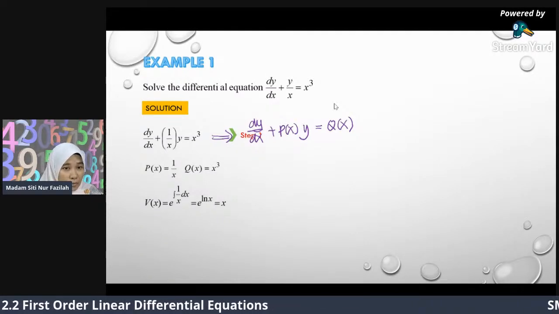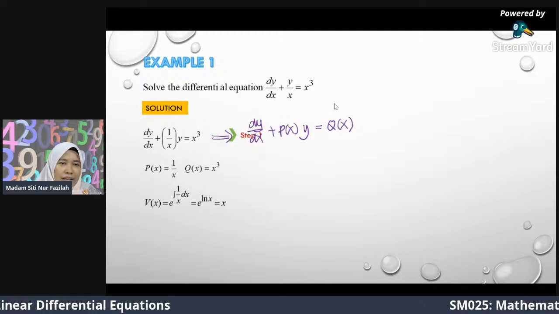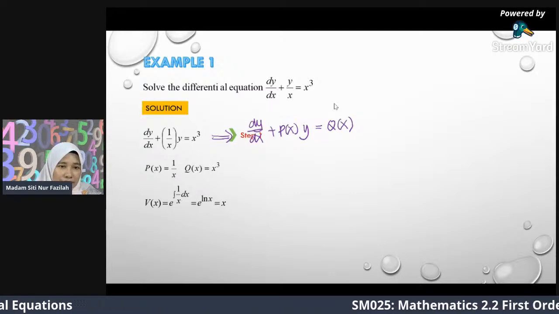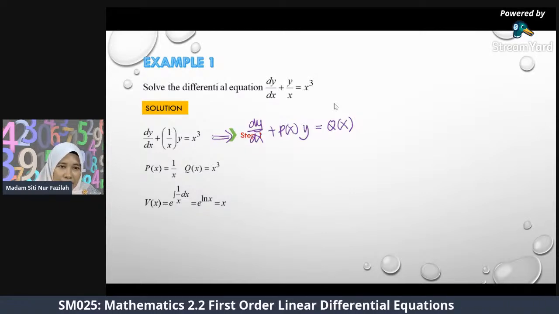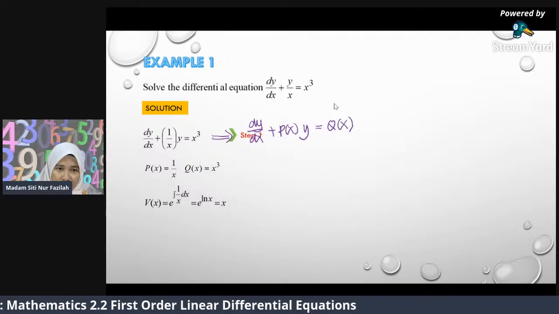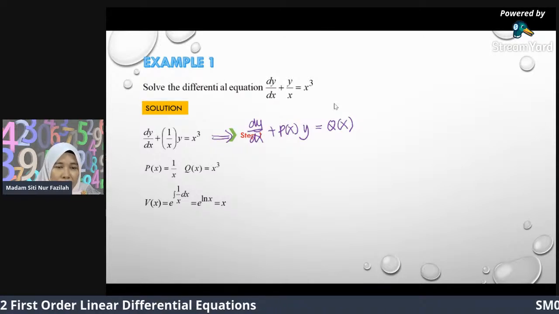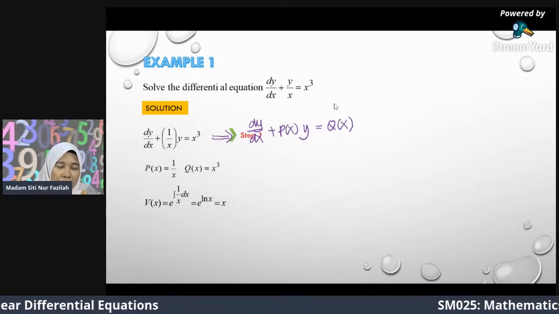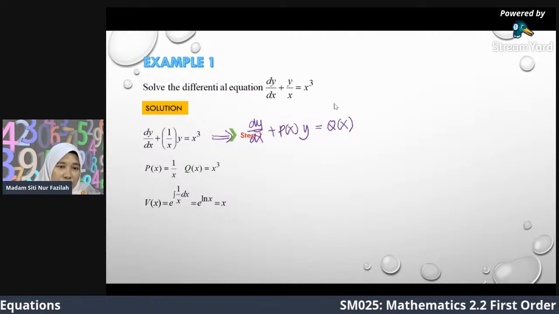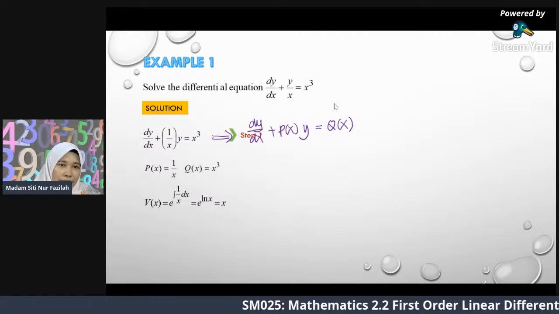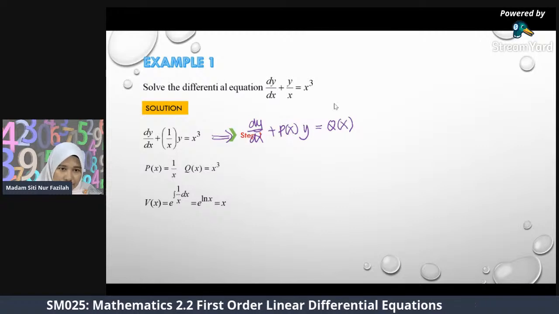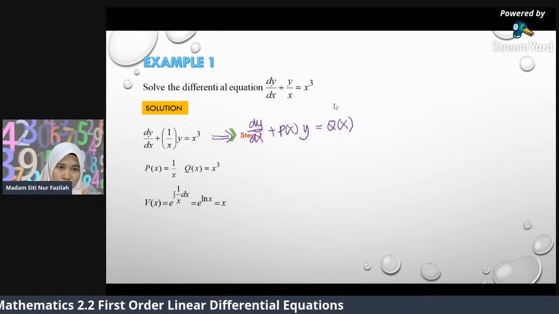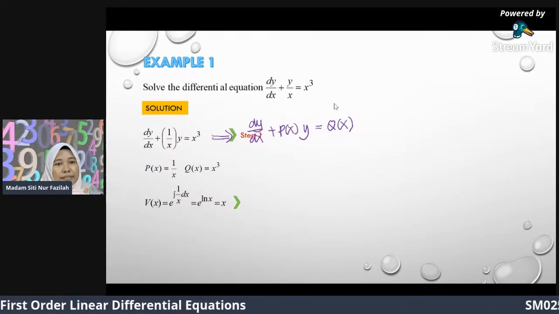Integrating 1 over x, we get ln x. That's why it is exponent to the power of ln x. Then we simplify and we get x only. Make sure you simplify if the function can be simplified. V(x) equals x. This is step 2.